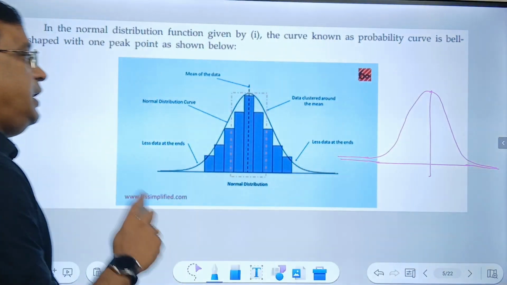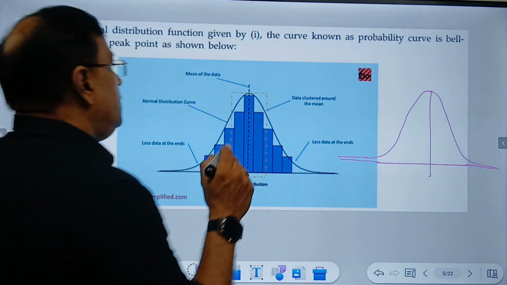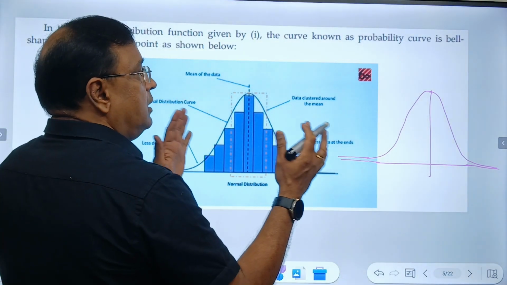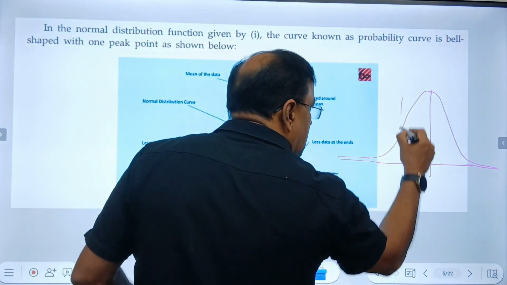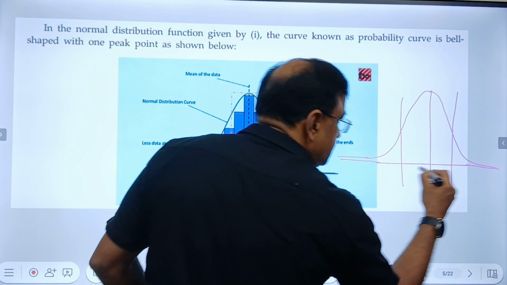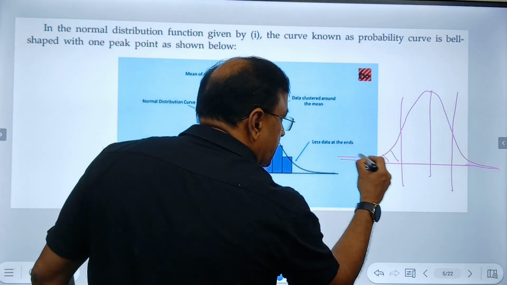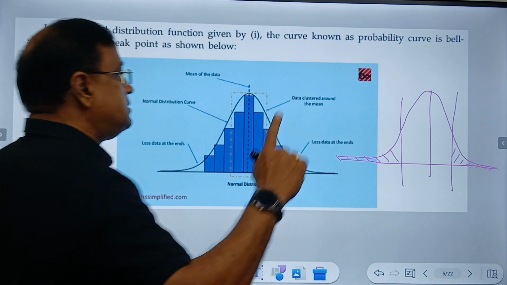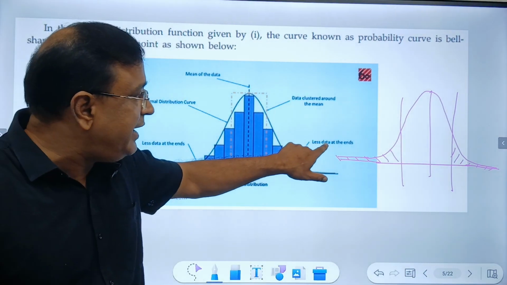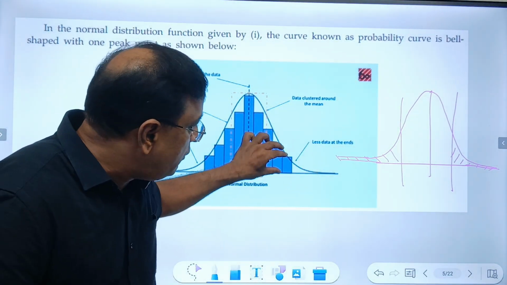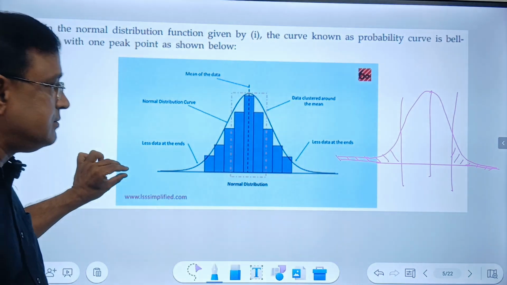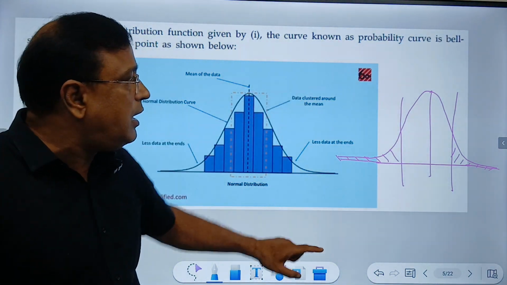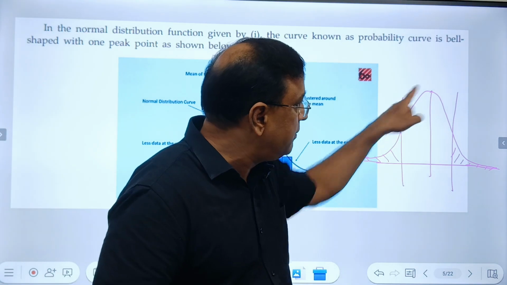Now, most of the data activity happens around this point. And this is called the tail. The contribution of the tail is very, very less. So that is why they said less data at the ends. You have very less data at the ends, and most of the activity of the data occurs somewhere around this point.